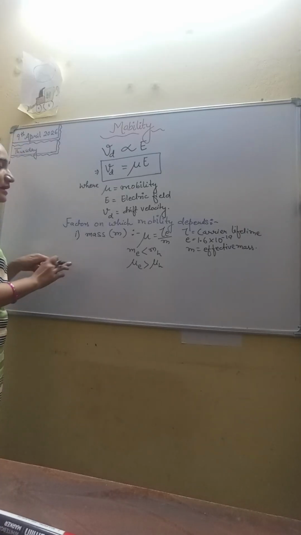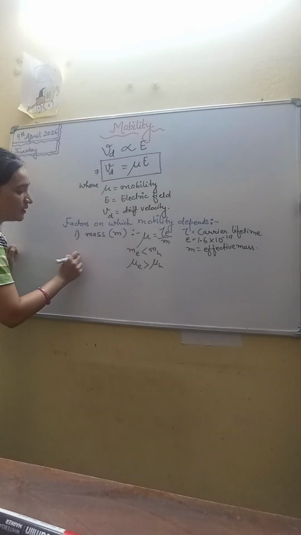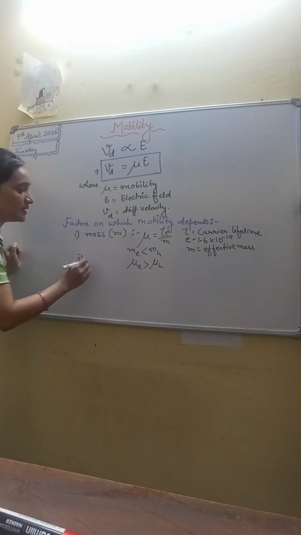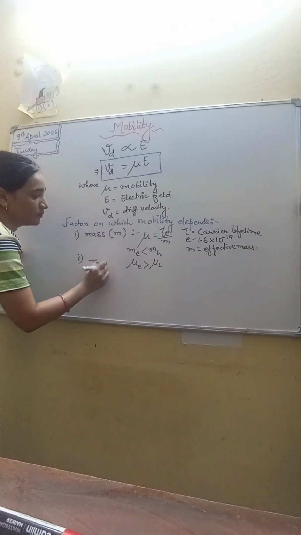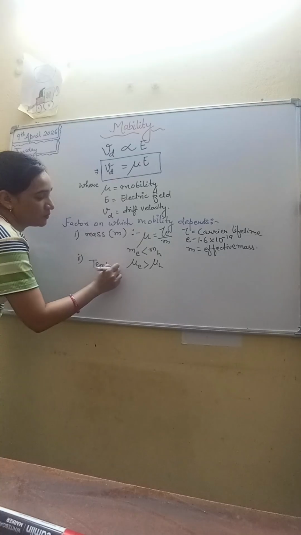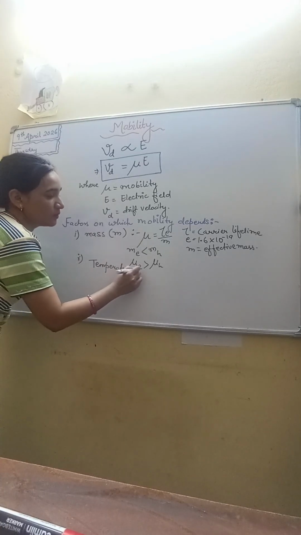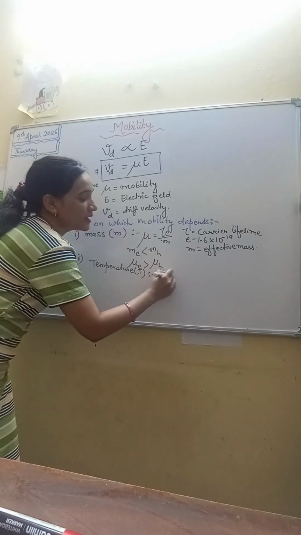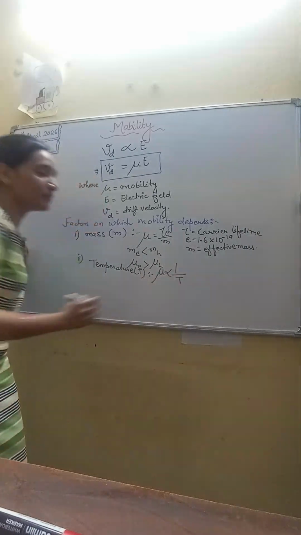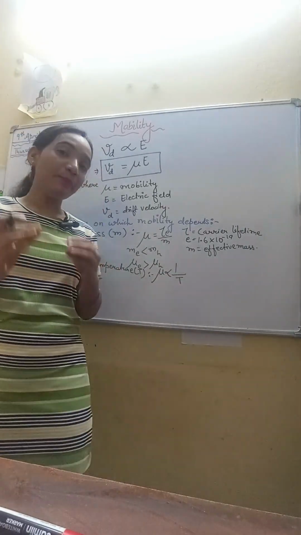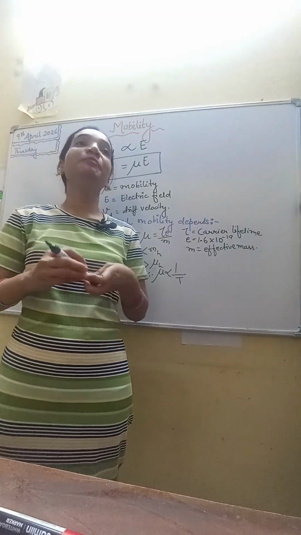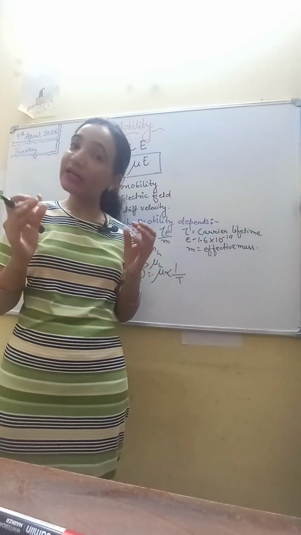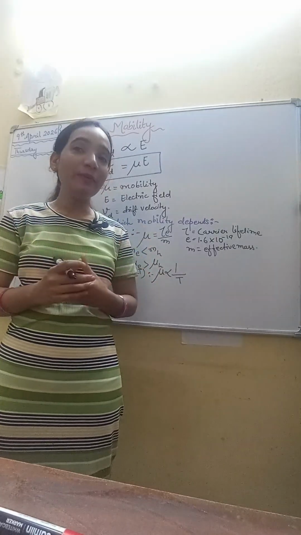And the other factor on which the mobility depends is the temperature, T. Mobility is inversely proportional to the temperature. Suppose we are taking one conductor and we are heating it, means we are increasing the temperature.